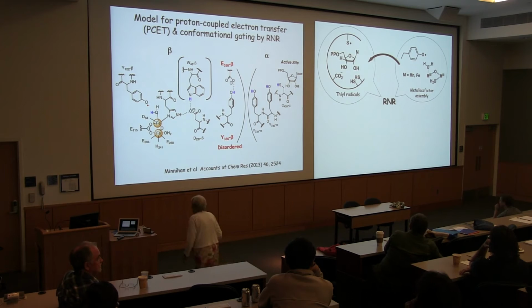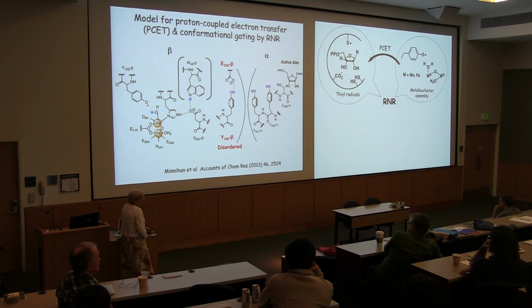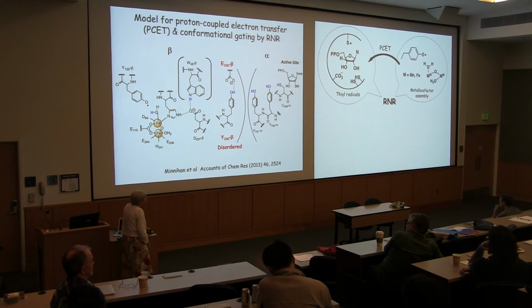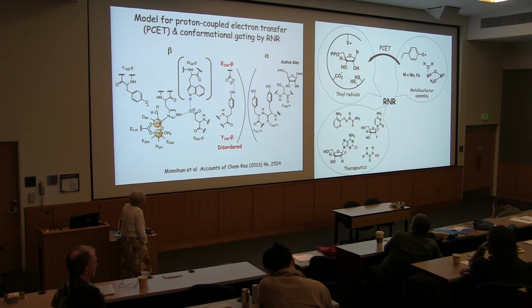We've talked very little bit about this long-range electron transfer. I think this is one of the most amazing reactions in biology, which we've studied extensively, and I've shown you is key to the activity of RNR. I showed you in the test tube, but also the same thing happens inside cells.